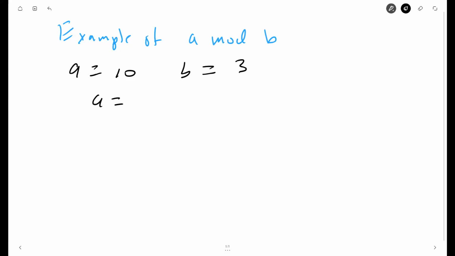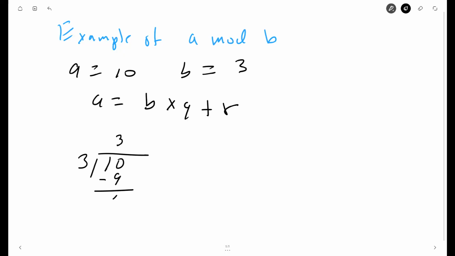And we know that A is equal to B times Q plus R. First, let's attempt to divide A by B. So we do 10 divided by 3, and 3 times 3 is 9, remainder 1. So in this case R is equal to 1 and Q is equal to 3.